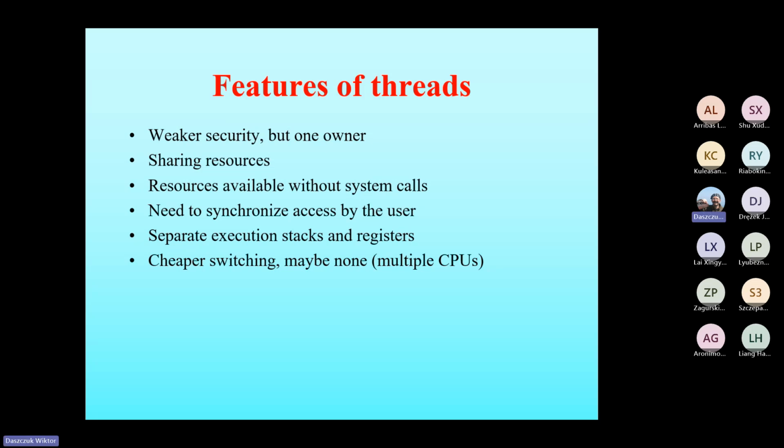So, of course, stack and registers of the process. If we switch between threads, we must save the registers of one thread and restore those of the second thread. So some cost of switching between threads still exists, but the cost is extremely reduced compared to processes.